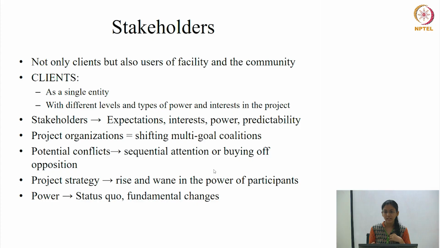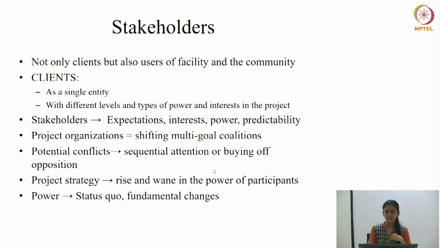Viewing the clients as a single entity is an approach that was made very long ago, and it is not relevant and not in use in the present age. So clients are viewed as a group of people with different levels and types of powers and interests. These clients or stakeholders have basically 4 attributes. Expectations: stakeholders have expectations before taking up a project.